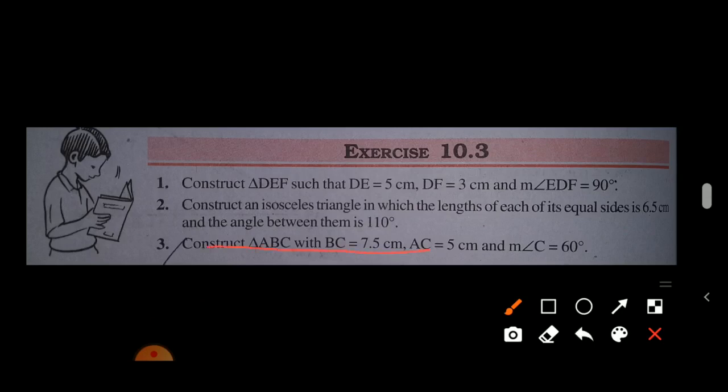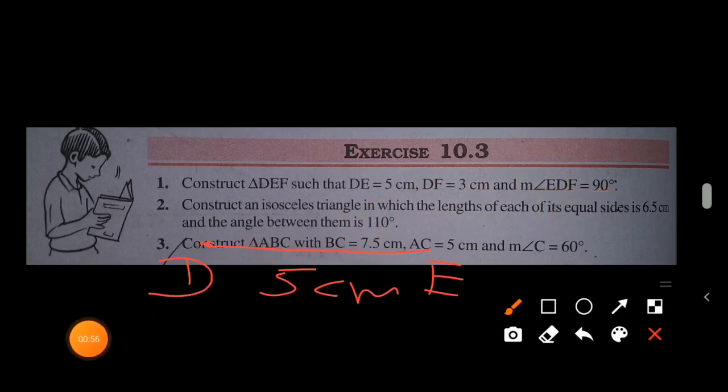Suppose it is our DE of 5 cm, then measurement of angle EDF equal to 90 degree. This is our point D. Here we can draw this one arc, and from this point we draw these two arcs like this, from this to this and this to this.